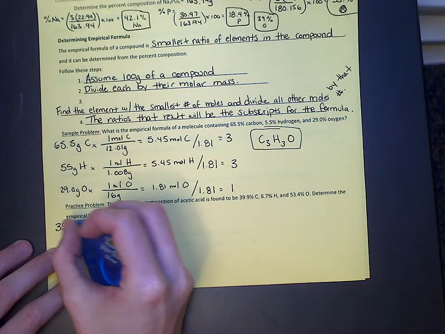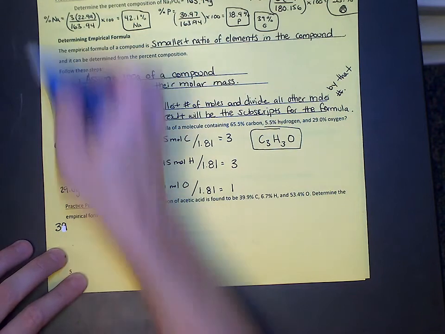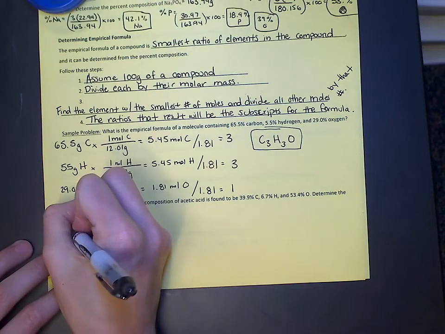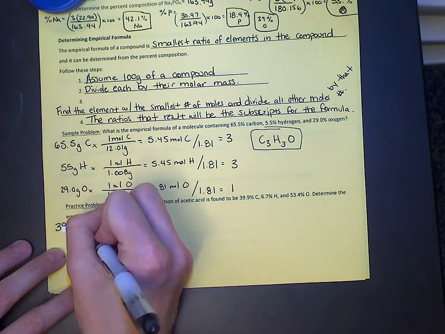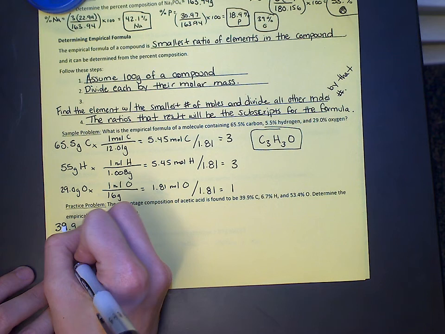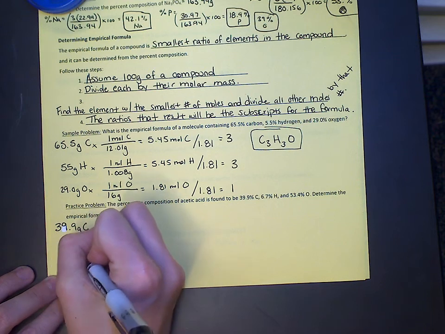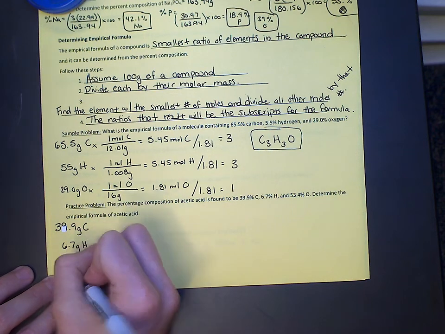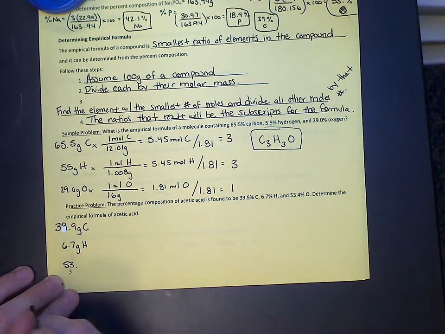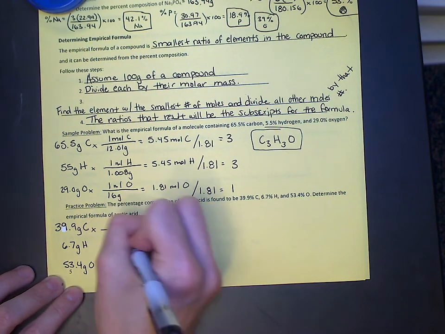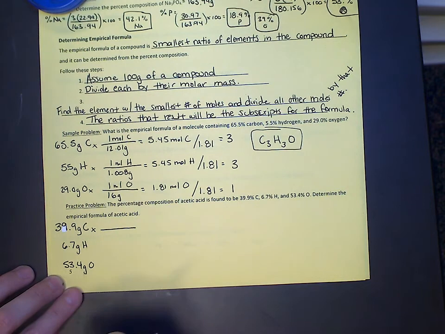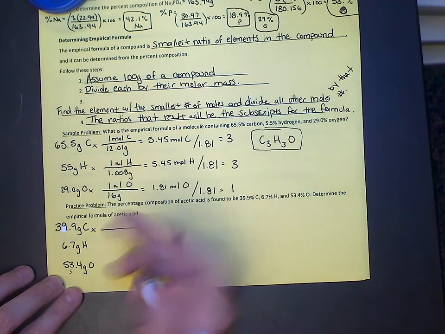This is not 3.9, it's 39.9 grams of carbon, and then we have 6.7 grams of hydrogen and 53.4 grams of oxygen, and do the same thing. So that was what we just did with step 1. Now we're going to do step 2, divide each by their molar mass.